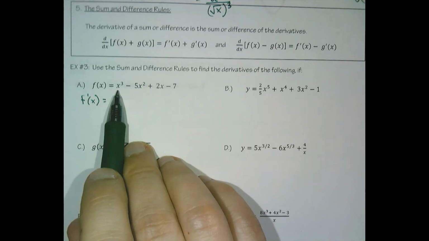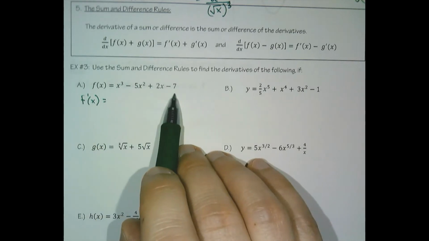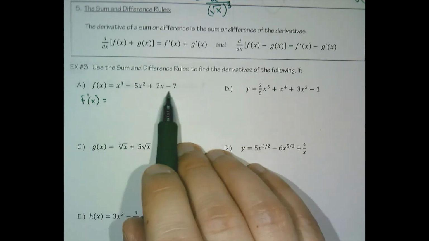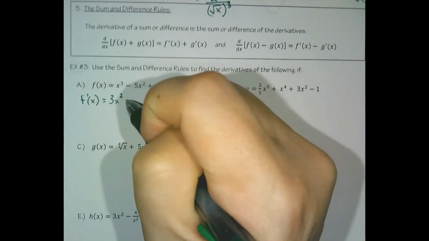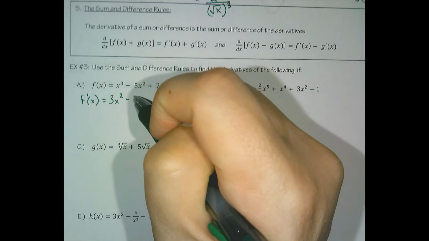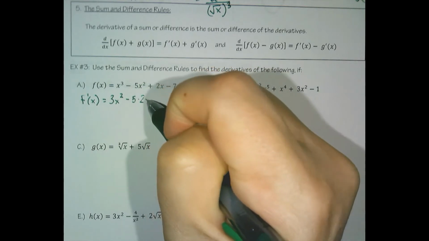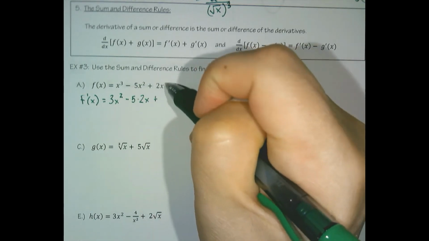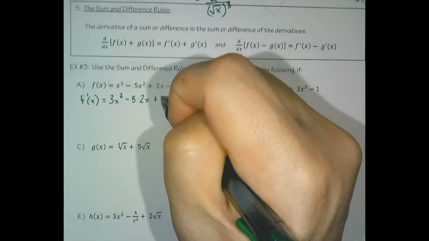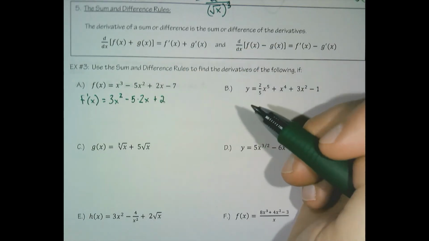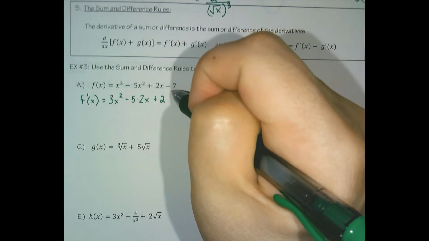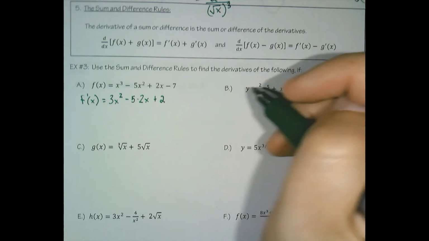Here I've got a string of functions being added or subtracted together to make a singular function f of x. The derivative of x cubed is 3x squared. The derivative of 5x squared is 5 times 2x. The derivative of 2x is, I'm going to write it as 2. And the derivative of negative 7 is 0.